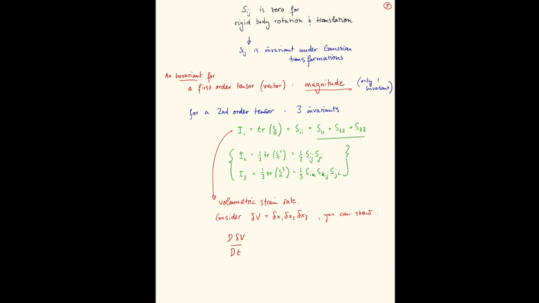So if you look at the material derivative of this, particularly in the case where it's per unit volume, you find that this is just given as du1/dx1 plus du2/dx2 plus du3/dx3, which is just SII.